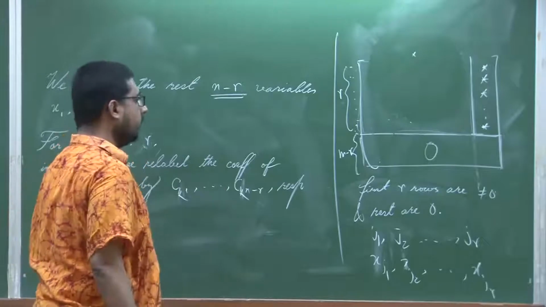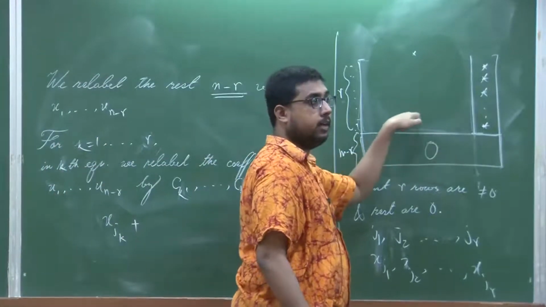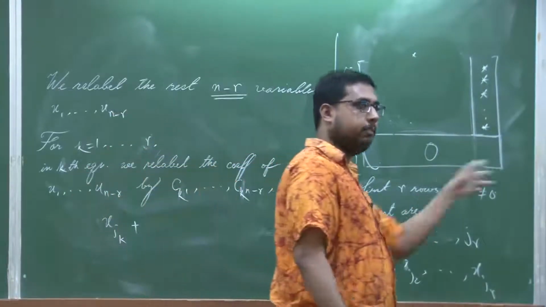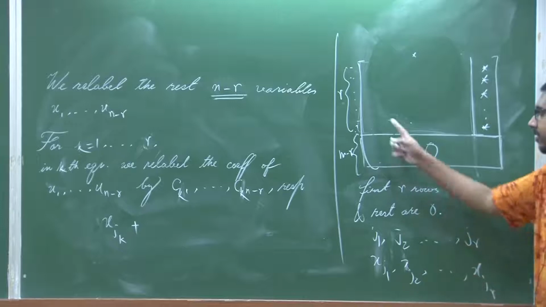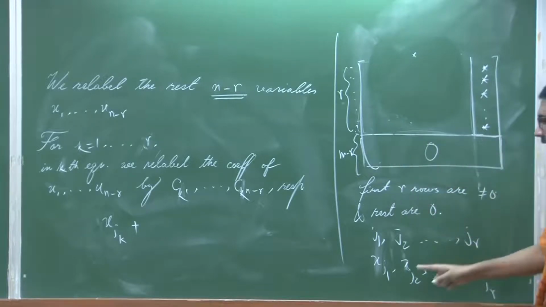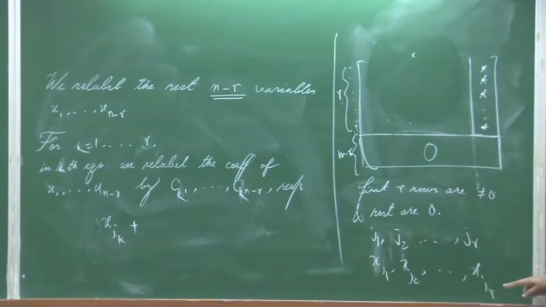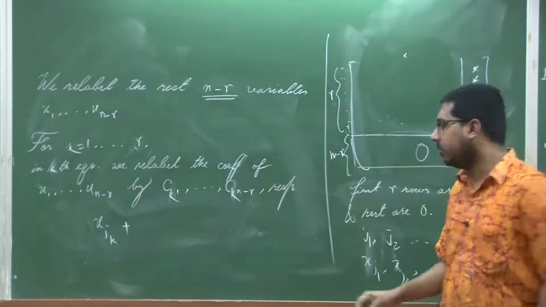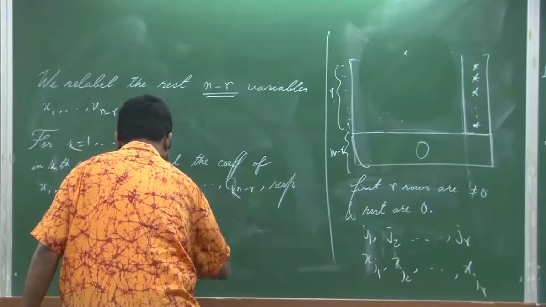Plus you have the terms corresponding to the variables u1 up to un minus r with their appropriate coefficients. Furthermore, since it is a row echelon matrix, for that equation there is no other term containing these variables except xjk. Therefore, the kth equation now looks like the following.